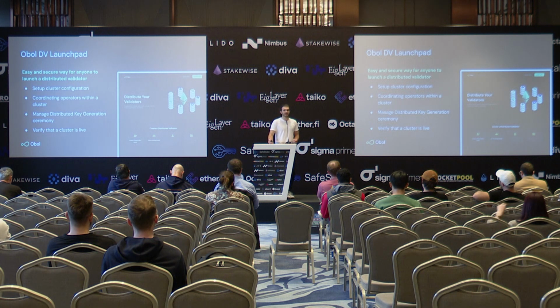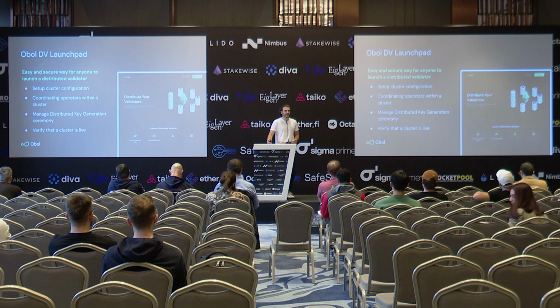Another piece of the puzzle for those of you that haven't seen it before is what we call the distributed validator launchpad, or the DV launchpad. You can think of this as a successor to the ETH staking launchpad, which was an interface developed by the EF and Consensys to facilitate the creation of validators. The DV launchpad serves the same purpose, and it particularly focuses on helping groups come together to create distributed validators. If you run all the pieces yourself, you can just create the keys using the CLI.